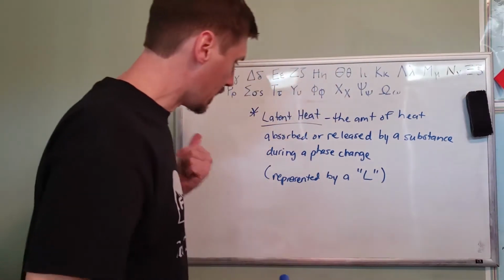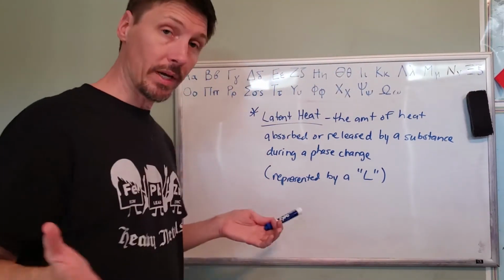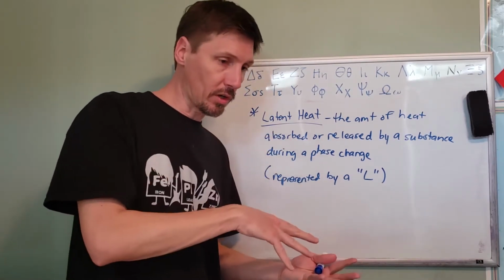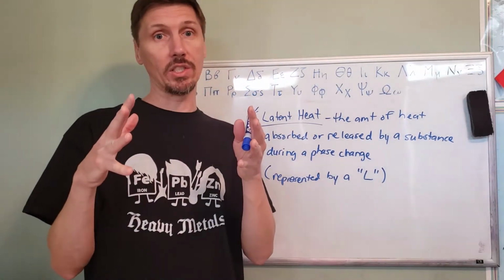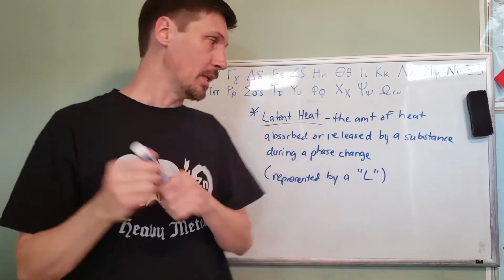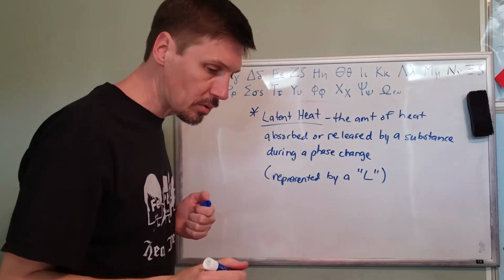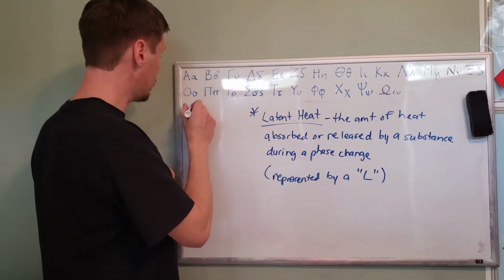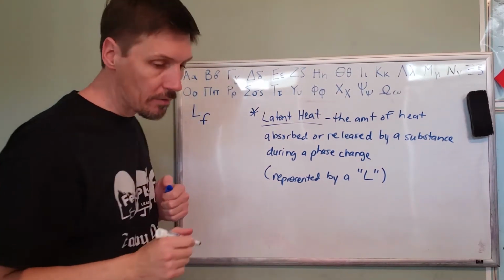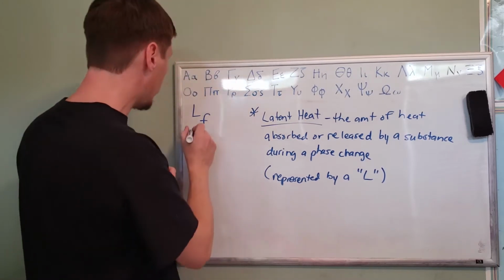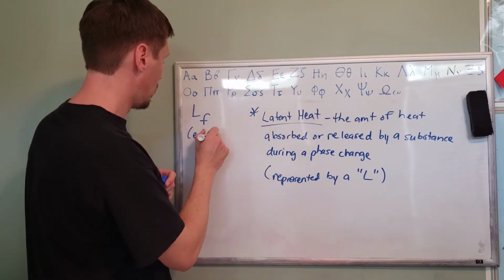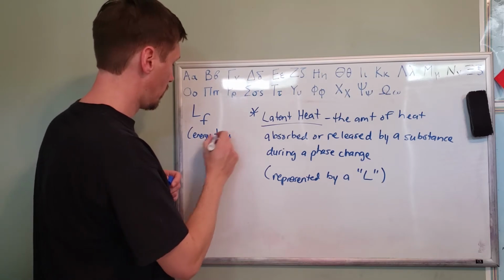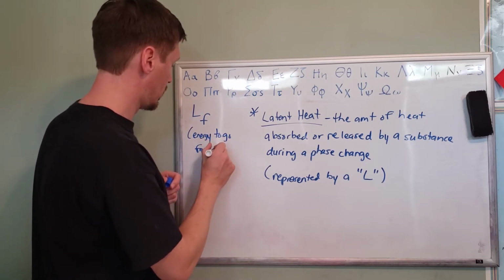We actually have two L's associated with a substance because there are two phase changes, right? You'll go from a solid, then it'll phase change into a liquid, and then it'll phase change into a gas. So we have what we refer to as the latent heat of fusion, represented by LF, which is basically the energy to go from solid to liquid.